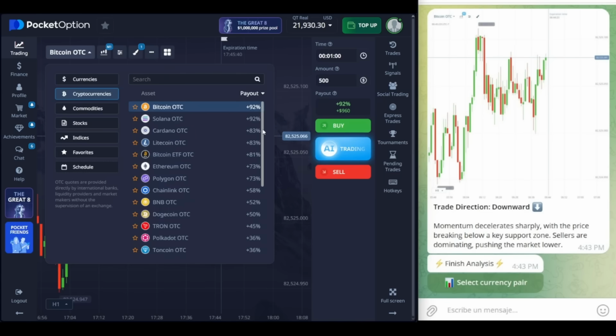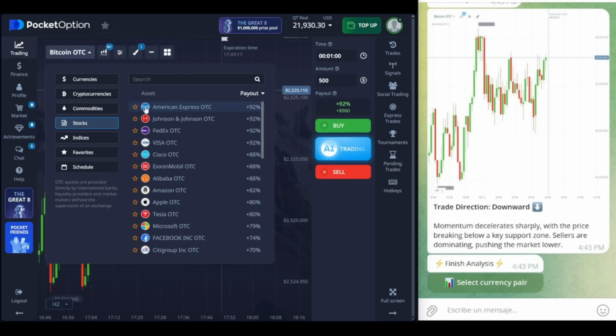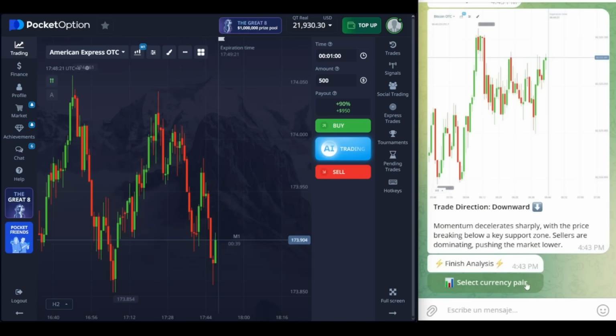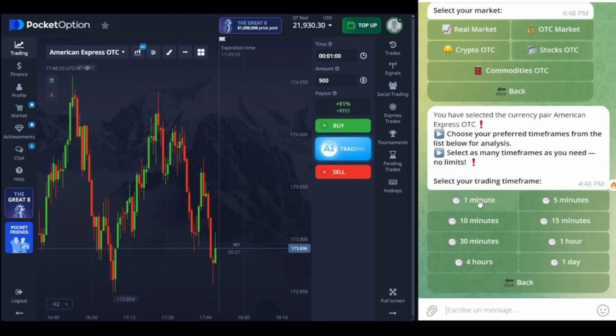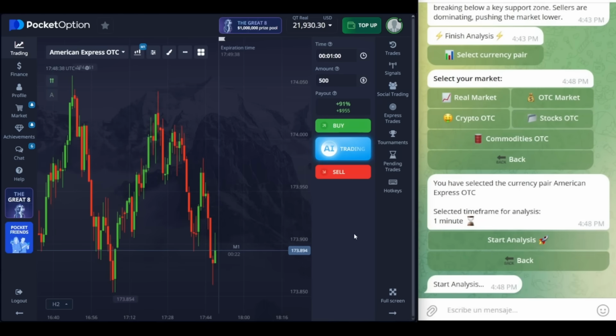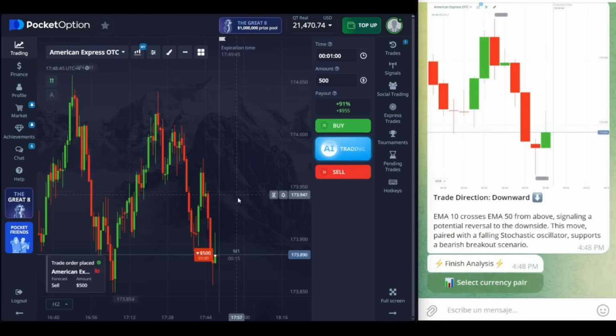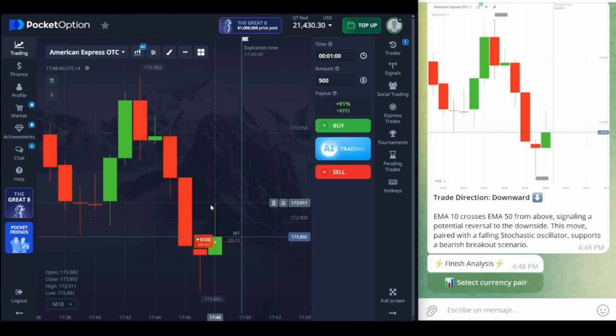Next pair. American Express OTC. 1 minute trade. Start. Signal. Entry. 2 EMAs crossing downward, adding them to the chart.